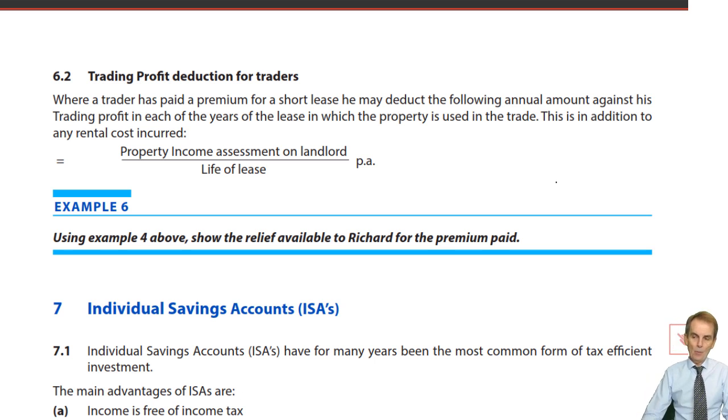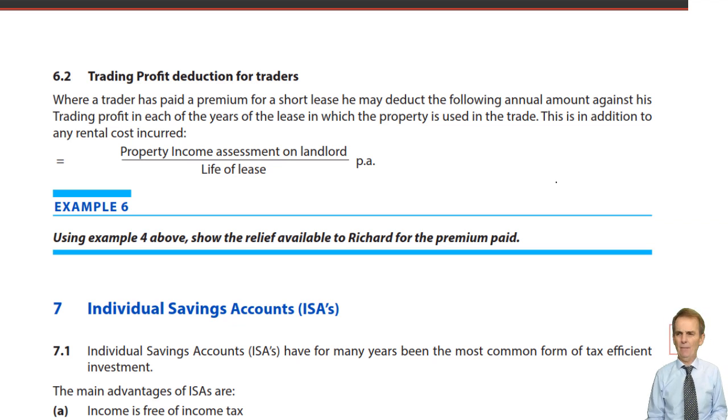Okay, but we said that the most likely property to be involved would be a business, a commercial property therefore. And therefore it is a business, whether that's an unincorporated trader or a corporate trader, a company, who has paid not only the rental each year, each due date, but also at the very beginning of the lease has paid this premium.